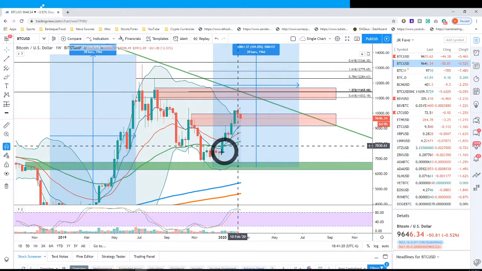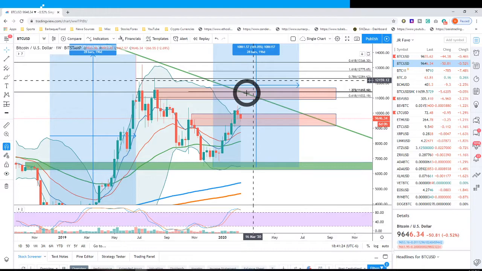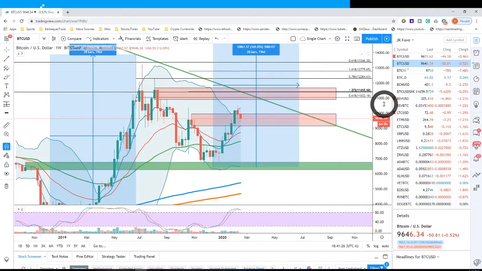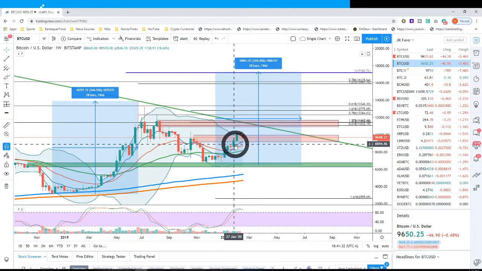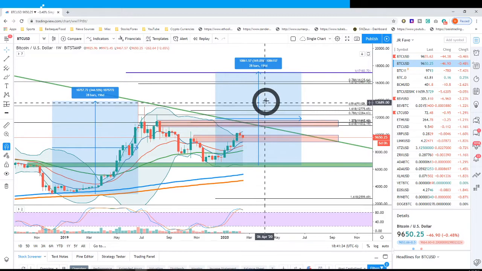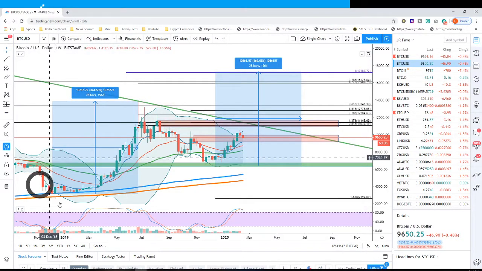But then again, looking at this whole thing, I see it going higher, and I'm still going to stick with my projection. We're coming down, and then somewhere in May or June, probably toward the end of June, I'm just going off this symmetry move right here.